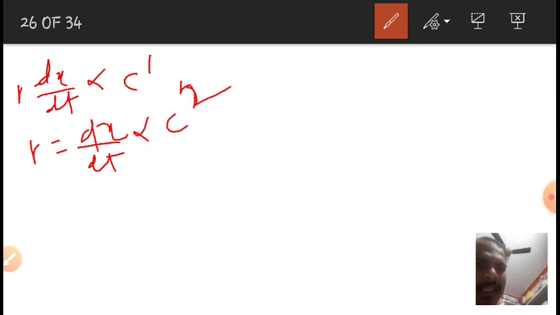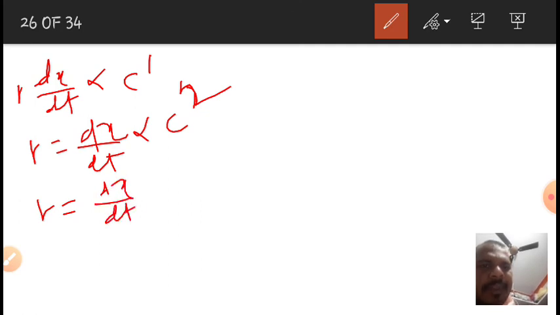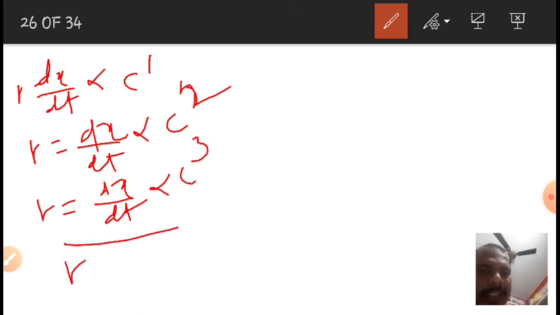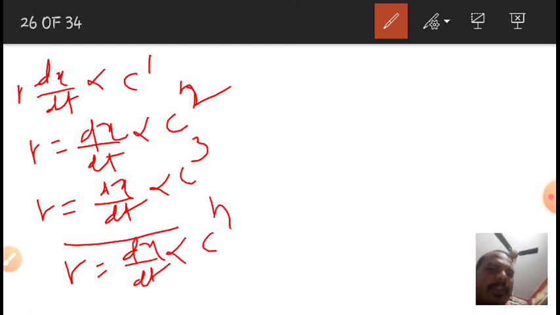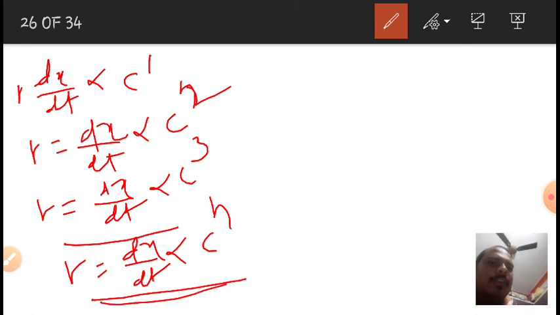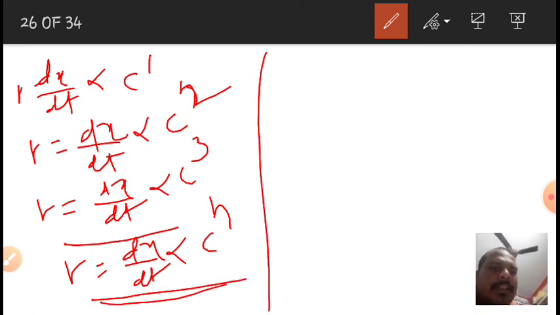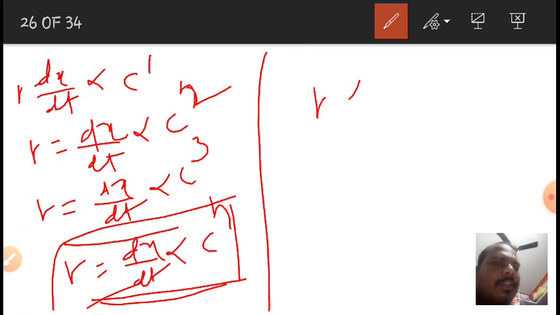For third order reactions, it is proportional to c to the power of 3. So for an nth order reaction, the rate is directly proportional to C to the power of n.